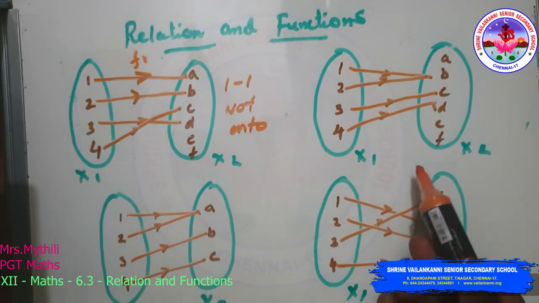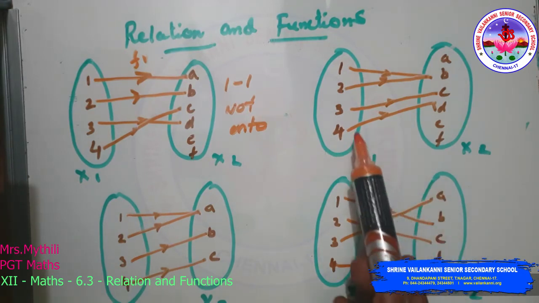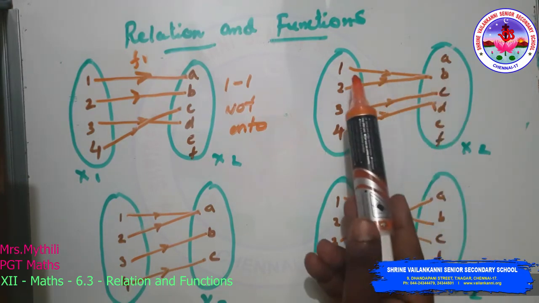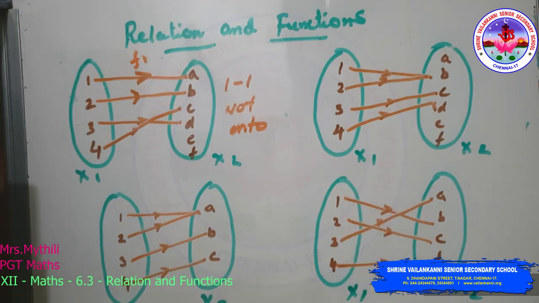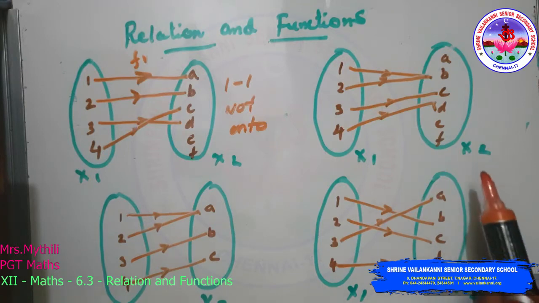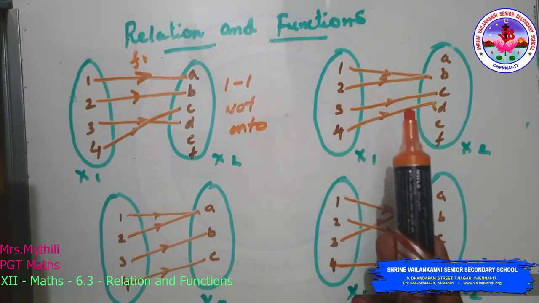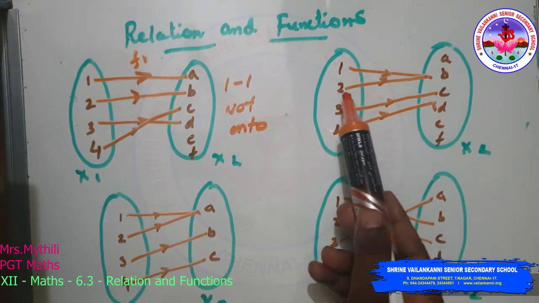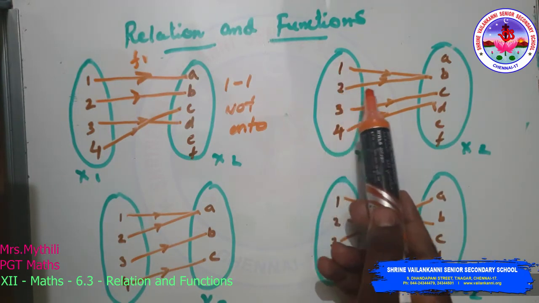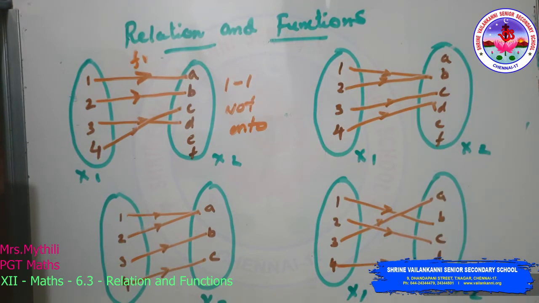Now let's see the second diagram. Here B is the image of 1 and 2, which clearly says that the function is not 1-1, because not every element of X1 has a distinct image in X2. Here we can see that B is the image of 1 and 2, two elements which have one image.